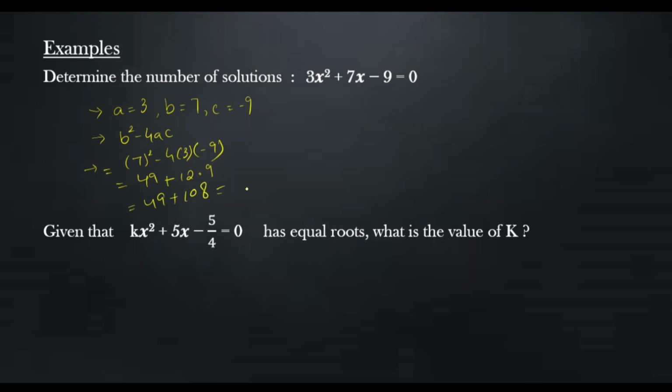So this will further simplify and we will get plus 157. Now since we have plus 157, our sign is positive. That means our solutions will be 2 real roots. We have both the nature and the number of solutions.